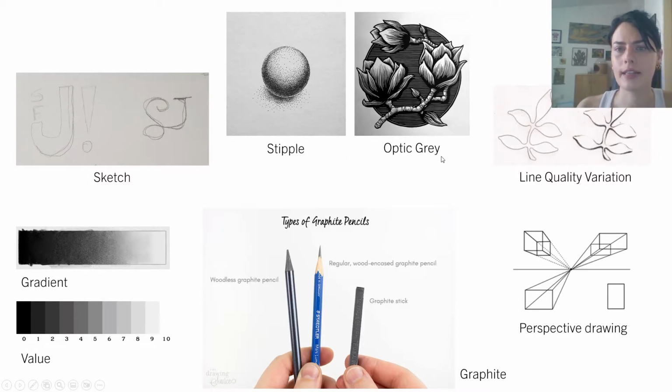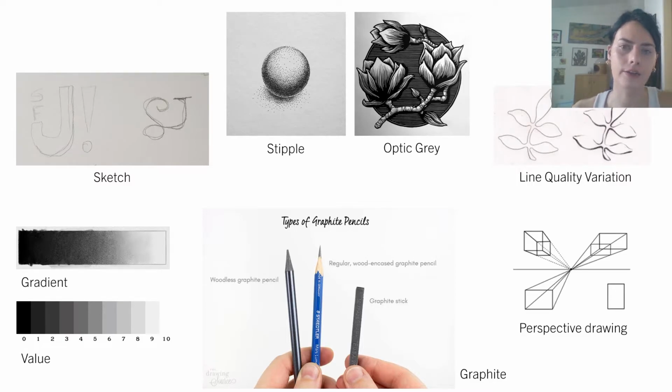Optic gray is this idea that if you are only working with solid black and solid white, and you want to create an area that looks in between, like a gray, you can use small bits of black on white, such as with lines or dots, like the example with the stipple drawing, to create that in between.